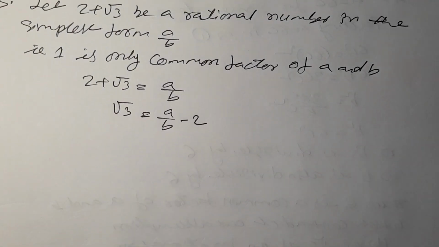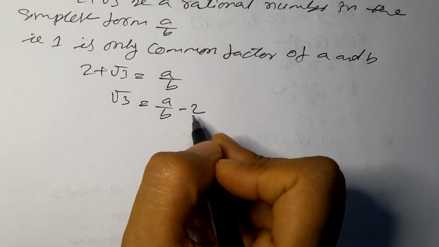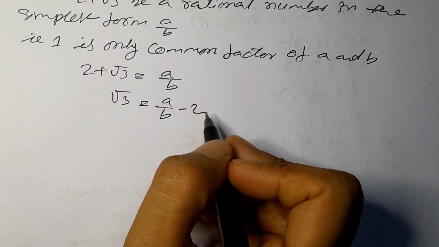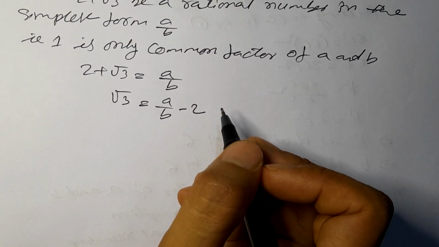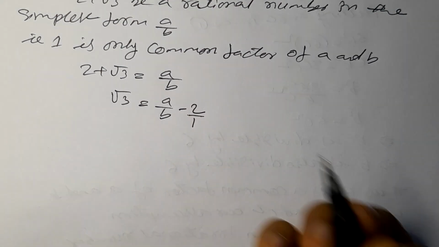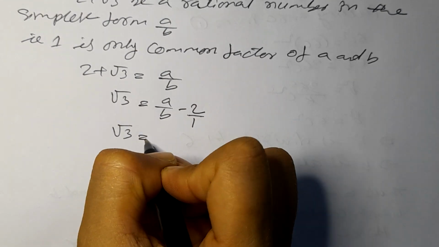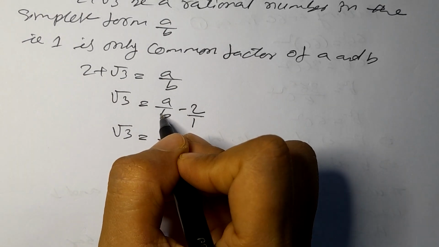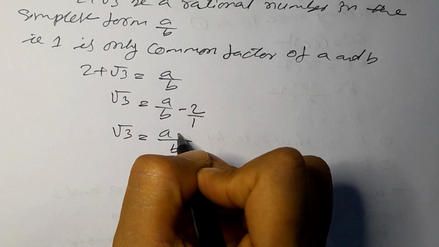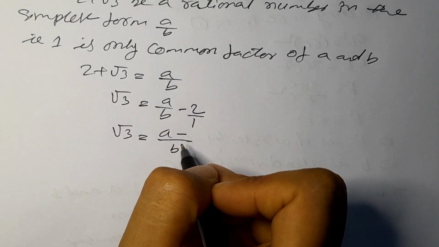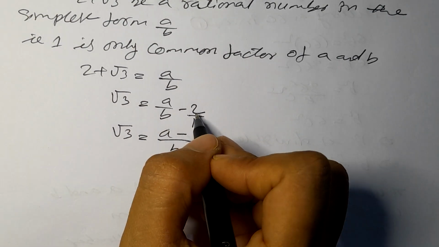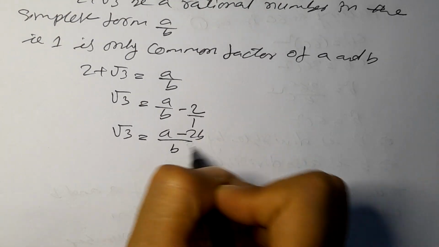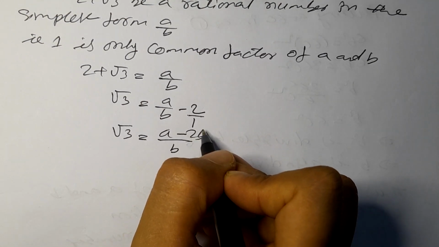Now, since it is a minus 2, we have to make this a rational number. To write it as a fraction, we divide by 1. So root 3 is equal to a by b minus 2 by 1. If you divide, it will be 1 into a, that is a, minus b into 2, which is 2b, over b. So now this is in the form of a fraction.